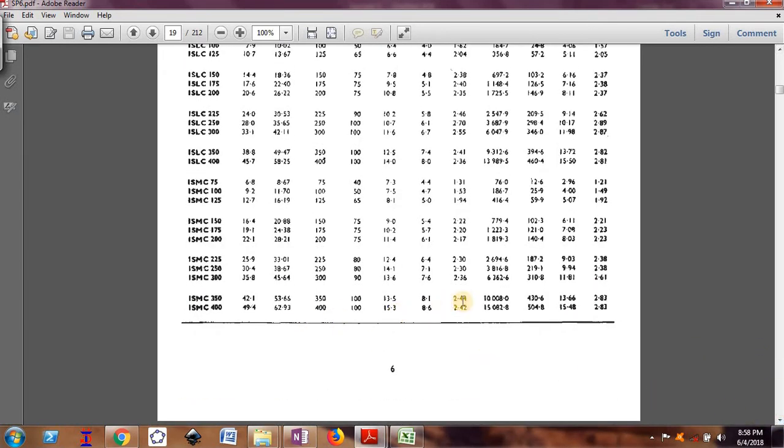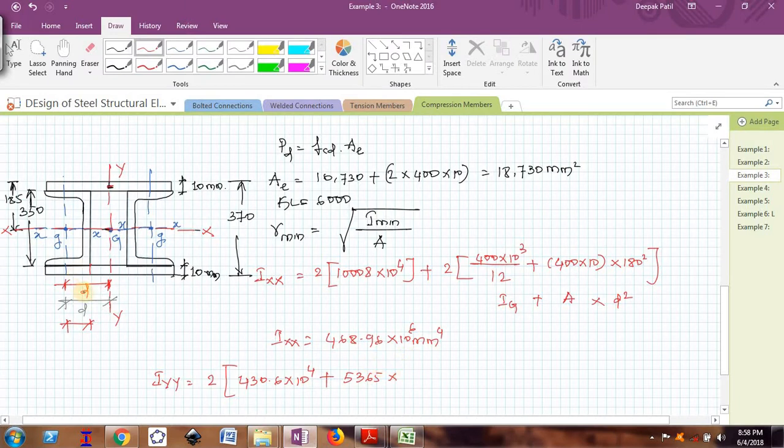So CYY for ISMC 350 is 24.4 millimeters. So this distance is CYY, which is 24.4 millimeters, plus this distance is 100, because this total distance is 200, so 100. So 100 plus 24.4, so D is 124.4 square.